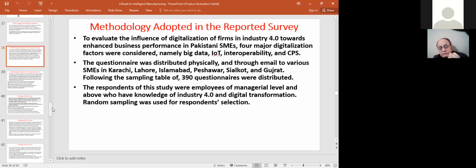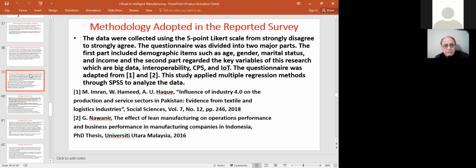This is a very major sector, and I think the use of these modern techniques and smart systems can help them a lot. So this is the result of this survey.